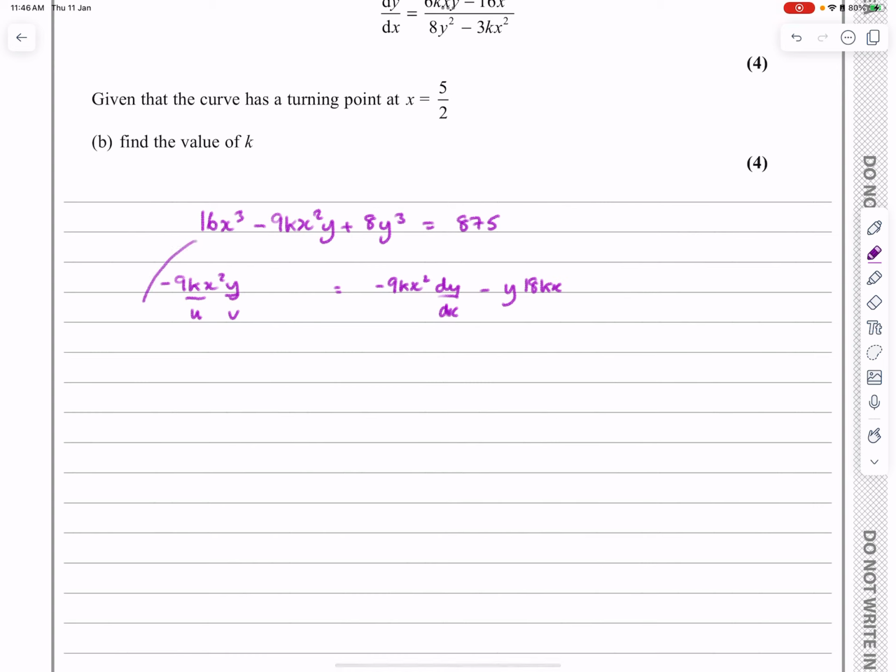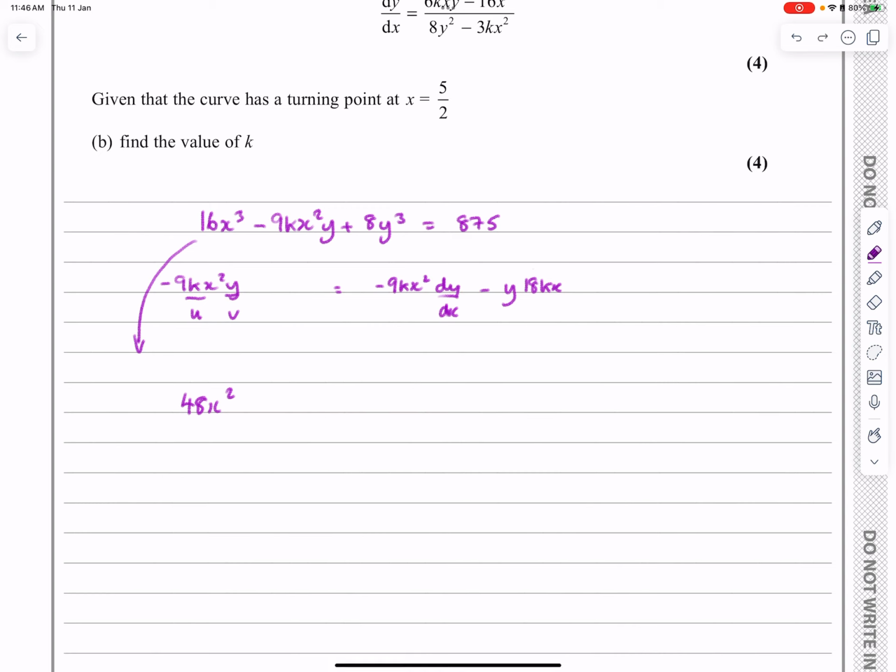I probably might leave that and then say, okay, let's differentiate it all then. So differential of 16x cubed, multiplied by the power, take one off the power, it's going to give me 48x squared. Differentiating this second term here then is going to be all of that there, tidied up.